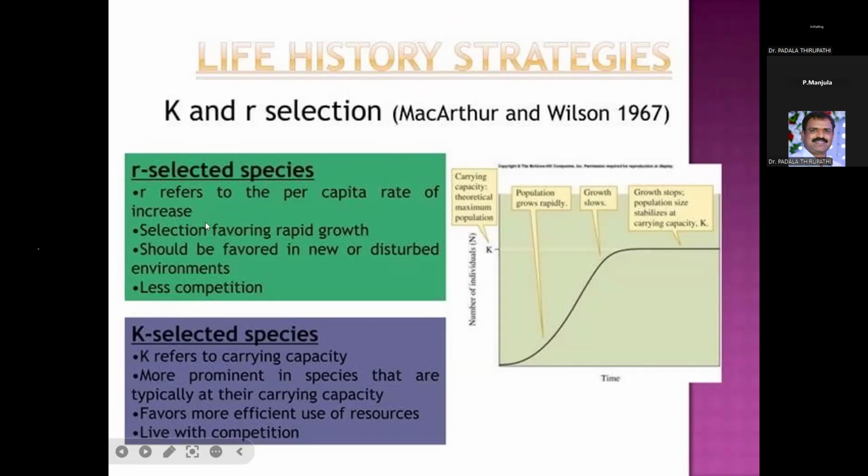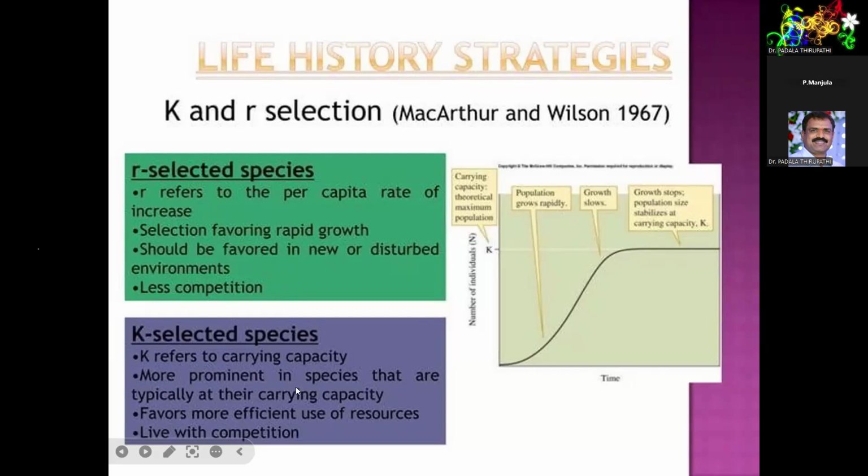A species which is selected to maximize its rate of increase is called an r selected species. A K selected species is a species selected to live at a constant level of population. Selection favoring rapid growth is favored in new or disturbed environments, with less competition. We can observe less competition in r selected species.